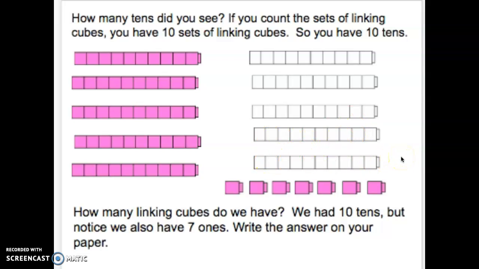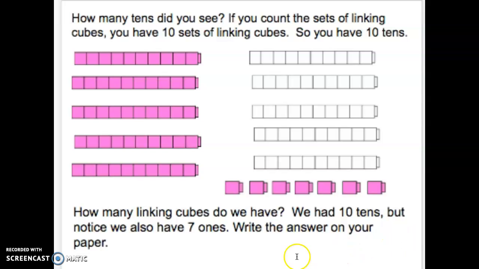We have 10 tens. But notice we also have 1, 2, 3, 4, 5, 6, 7 ones. So we have 10 tens, 7 ones.